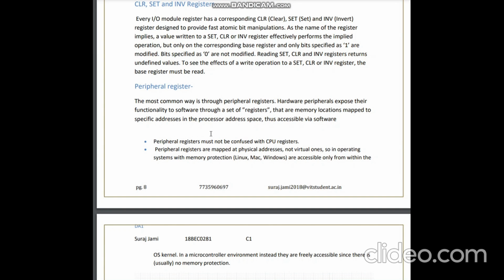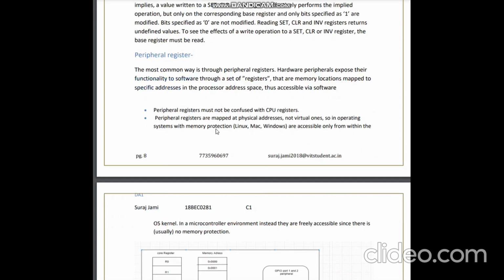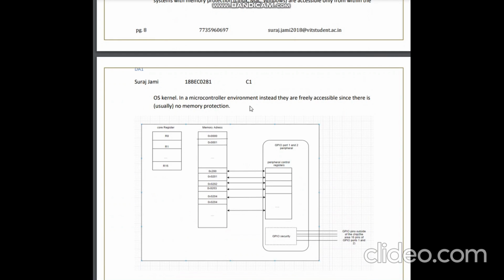Peripheral registers are mapped at physical addresses, not virtual ones. So in operating systems with memory protection, like Linux, Mac and Windows, they are accessible only from within the OS kernel. In a microcontroller environment, instead, they are freely accessible since there is no memory protection. Obviously, if there is no memory protection, they can access anything, anytime.